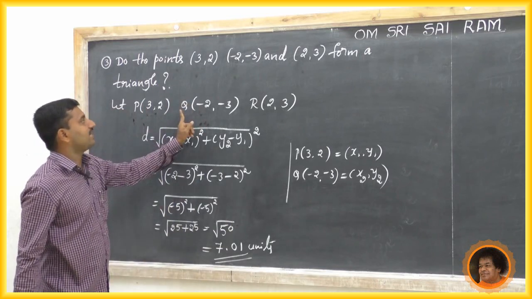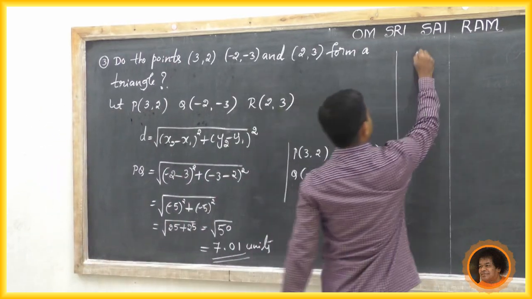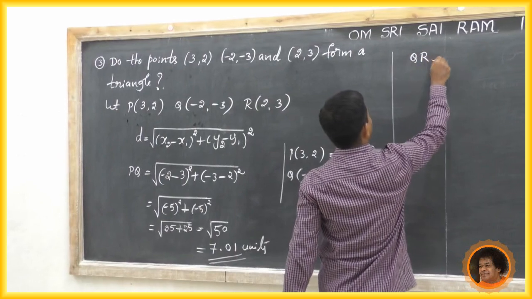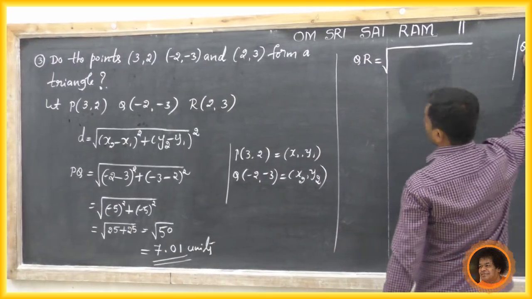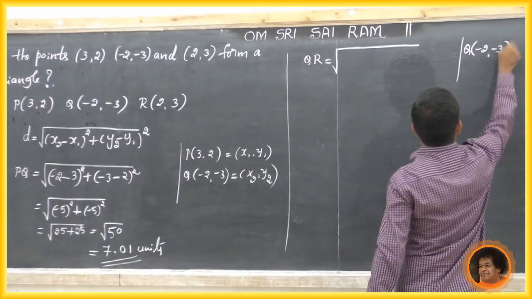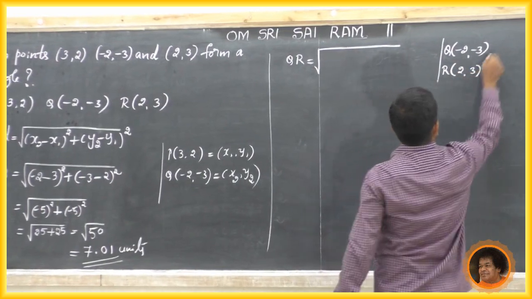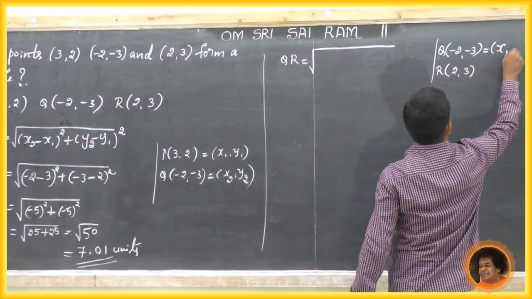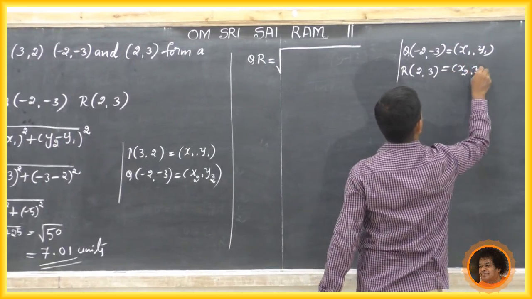Next, to find the distance between Q and R. So the next distance, that is QR, equal to square root of. The coordinates of the point Q are minus 2, minus 3 and R is 2, 3. Let us consider the first coordinate x1, y1 and the second coordinate x2, y2.